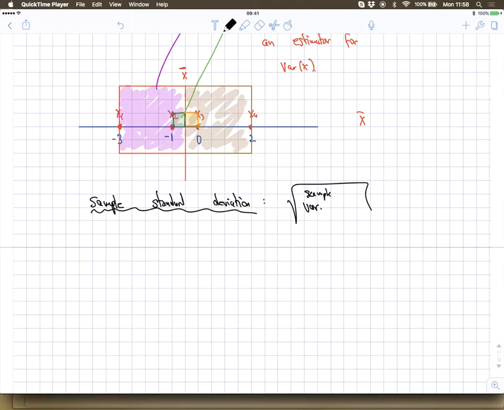Can anyone give me a visual of it? What is this sample standard deviation? Variance gives you the area of the average square. What's the square root of that average square? It's just the length.